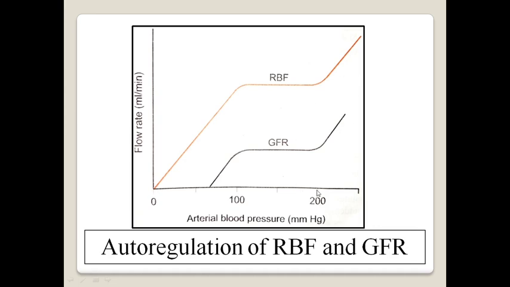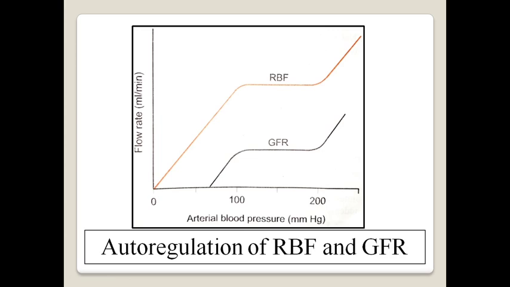So if the person's systemic arterial blood pressure goes beyond 200 mm of Hg, there may be chances of intrarenal infarct also, because the renal blood flow would also be increasing, and excess renal blood flow can respond as increased urination also. But if the limit exceeds, then there may be chances of intrarenal hemorrhage. So that is the importance of auto-regulation of renal blood flow in response to the systemic arterial blood pressure.